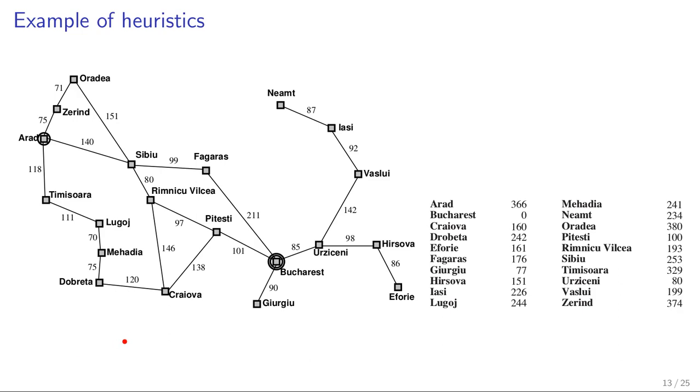And we're looking for a heuristic. We don't know those road distances, for that we would have to search. But we're looking for a heuristic that would give us an idea how far it is to the goal from each of those cities. Do you have any idea what such a heuristic could be?